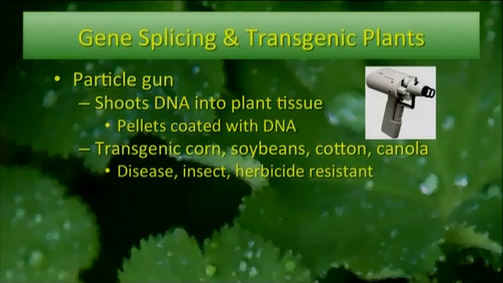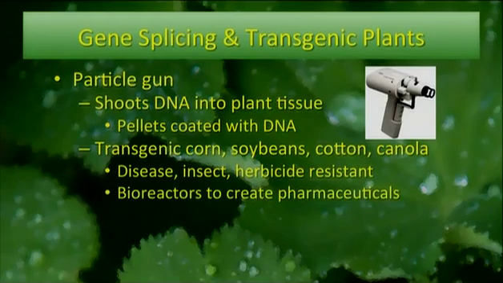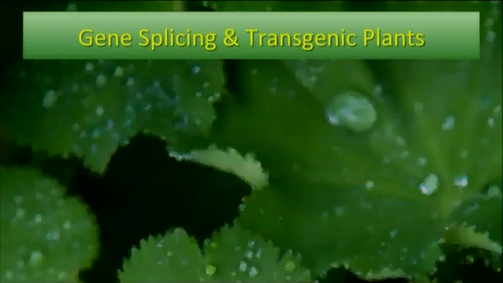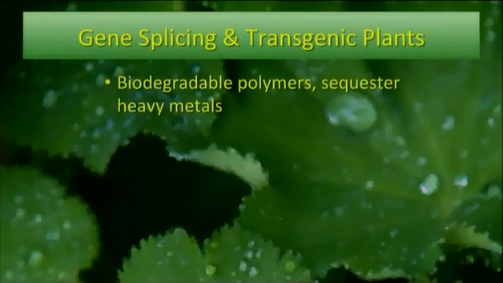It also leads to bioreactors to create pharmaceuticals, which can result in vaccines for hepatitis B, rabies, cholera, tuberculosis, malaria, diarrhea, cavities even. You can make biodegradable polymers. You can sequester heavy metals to bioremediate pollution.